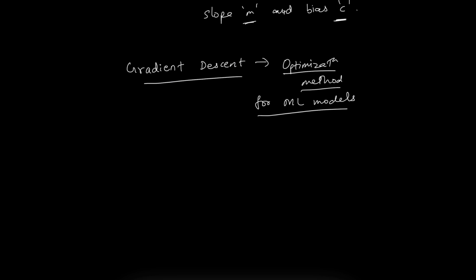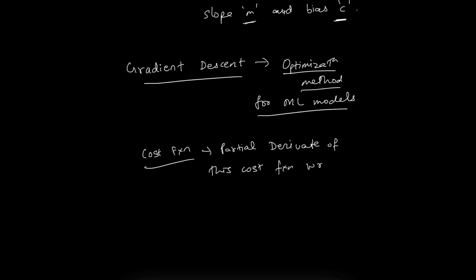Basically, in very high terms, what it does is, you remember the cost function? It takes the partial derivative of this cost function with respect to its variables or weights.